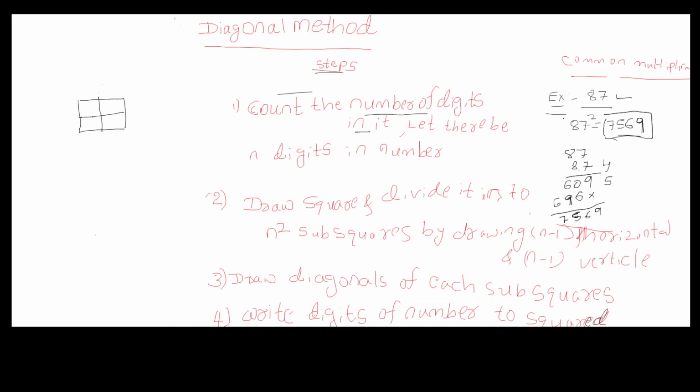By drawing n minus 1, that is 2 minus 1, that is one horizontal line and one vertical line, we are going to get n squared sub squares, that is 4 sub squares: 1, 2, 3, 4.